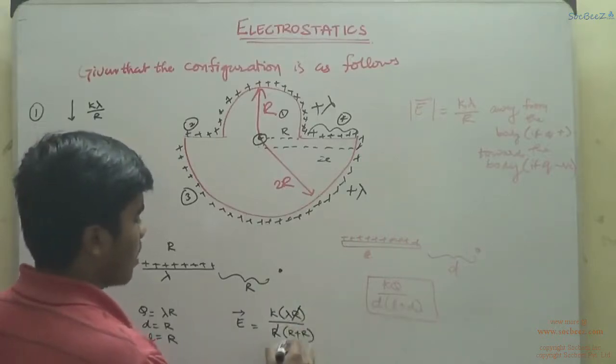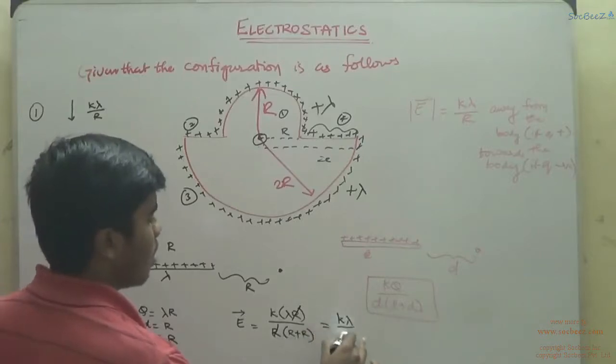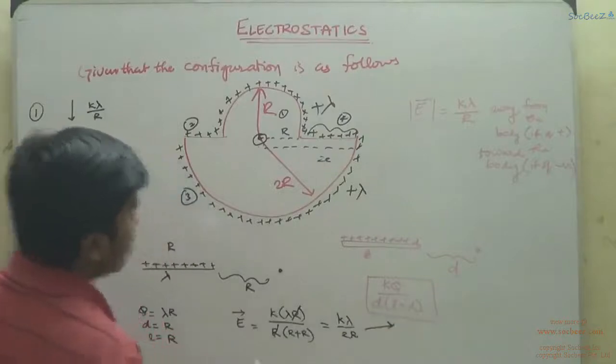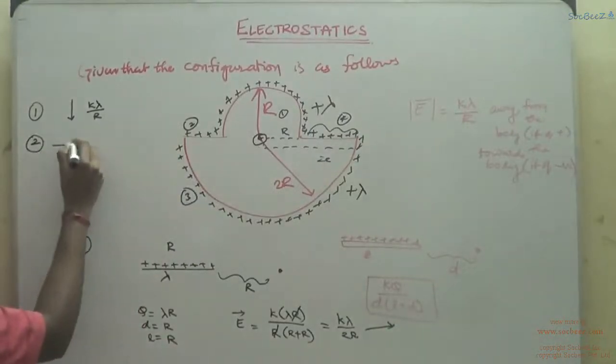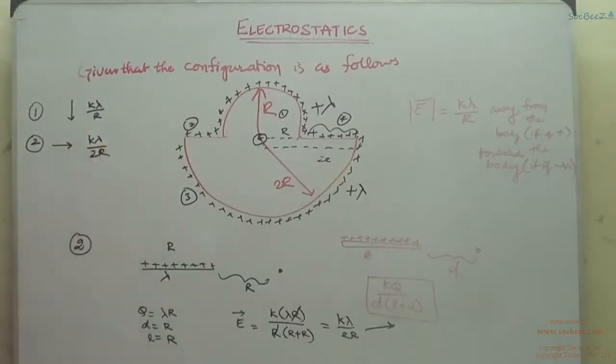So this R and this R get cancelled. It turns out to be K lambda by 2R. Since it is positive, the direction is this way. So due to the second part, it is K lambda by 2R in this direction.